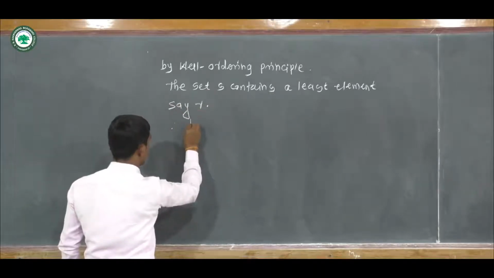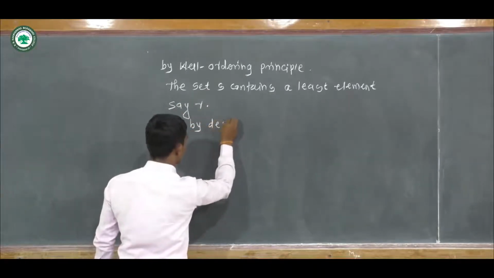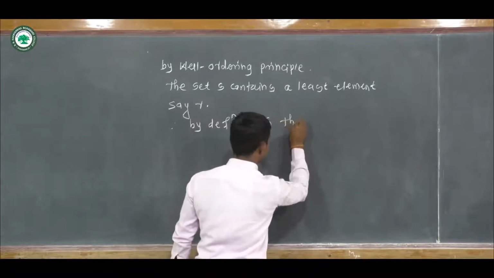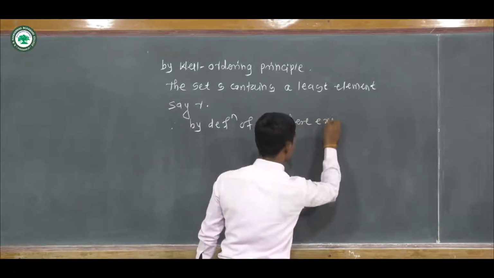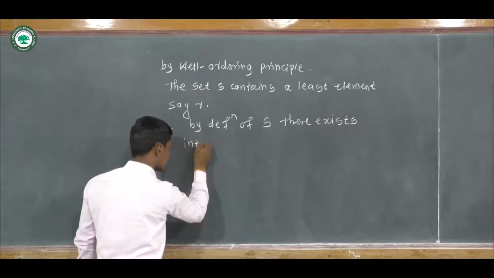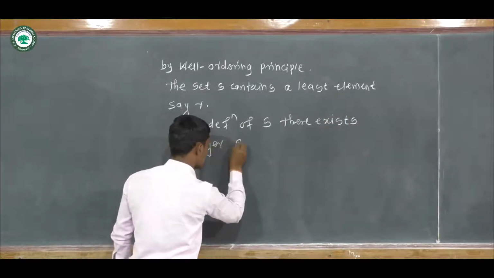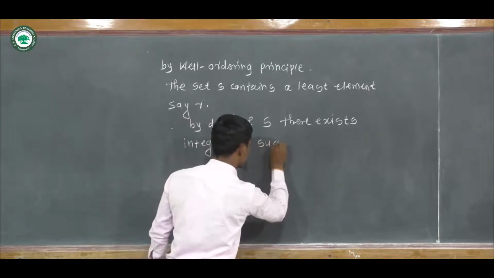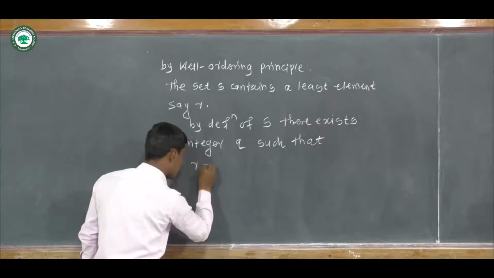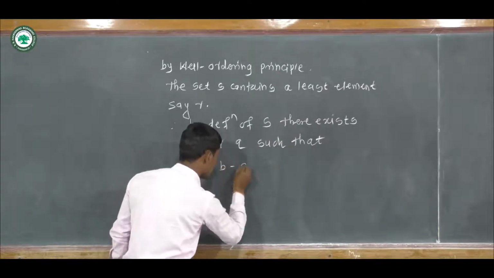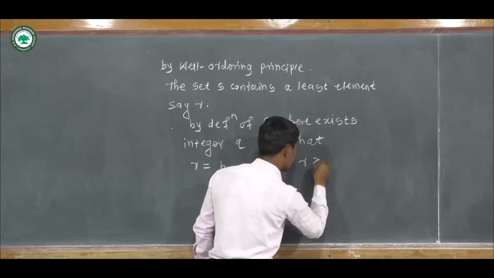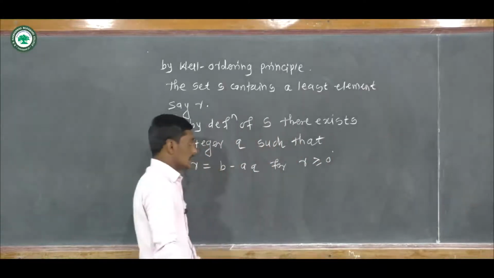So by definition of S, there exists an integer q such that r is equal to b minus a times q, for r greater than or equal to 0.